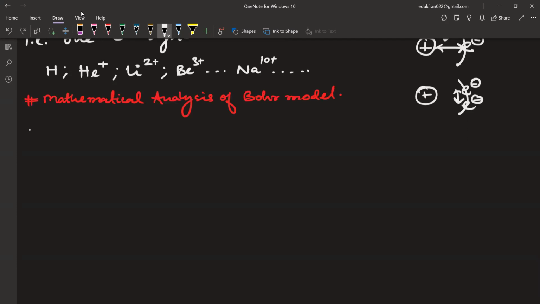So first thing is the radius of orbit. We have seen that the radius of orbit is equal to what?